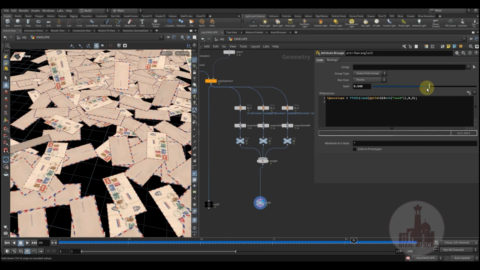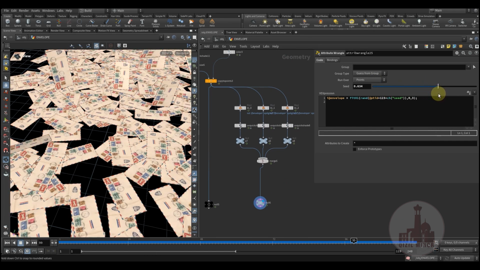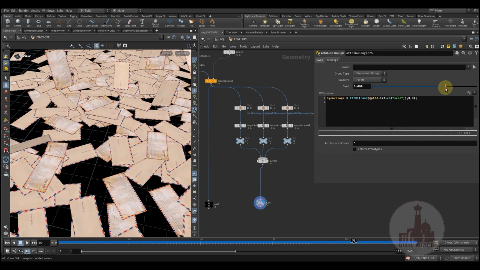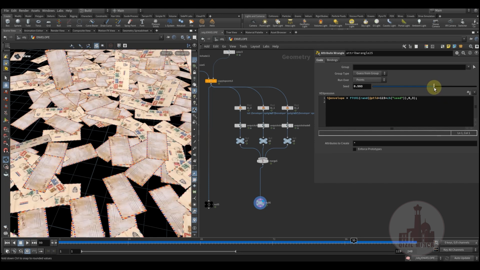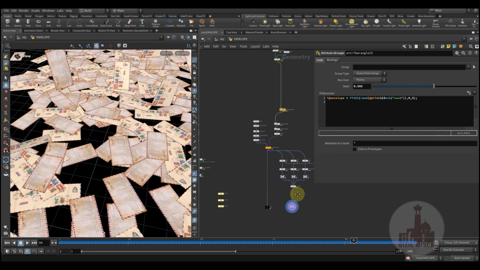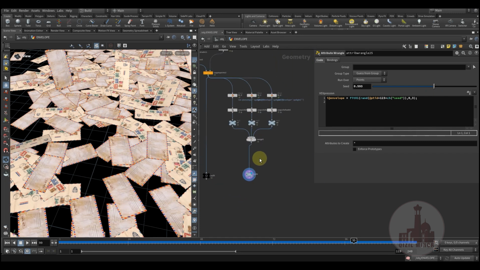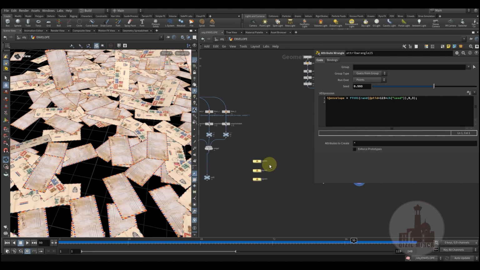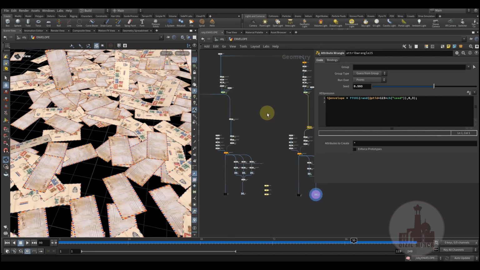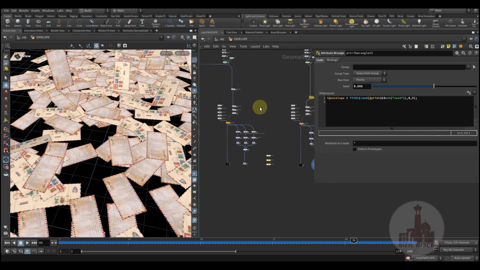And here I'm also having some random values. Okay, so this is what I'd like to share in this lesson.